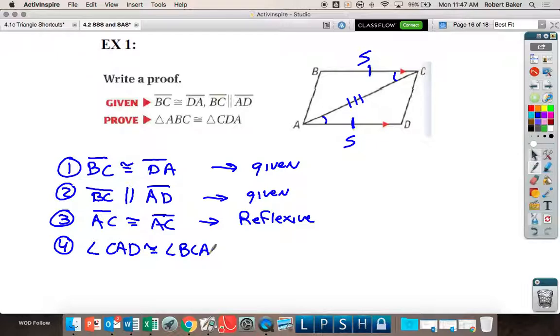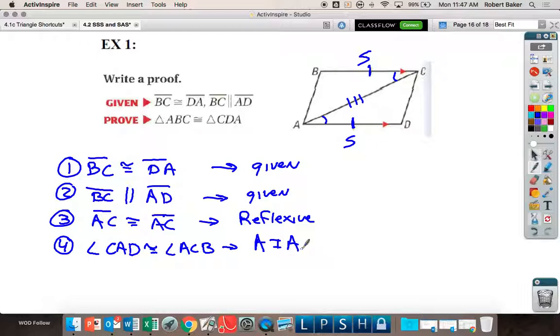So it should be ACB. Does it really matter? Not really. Now, knowing why those two angles are congruent: alternate. You get points for this, but really, those are alternate interior angles.